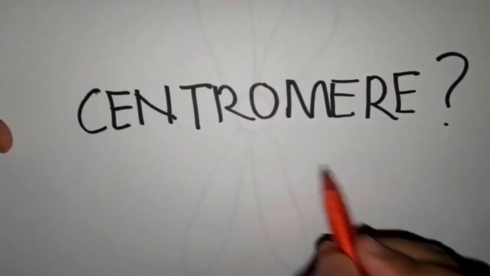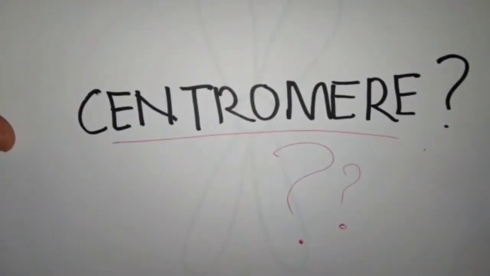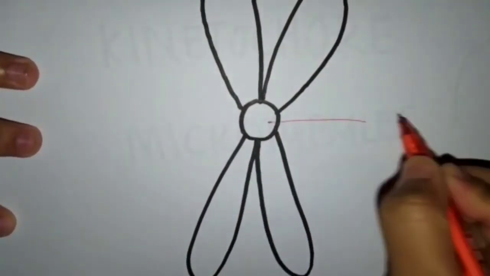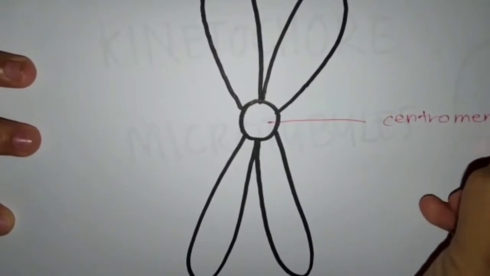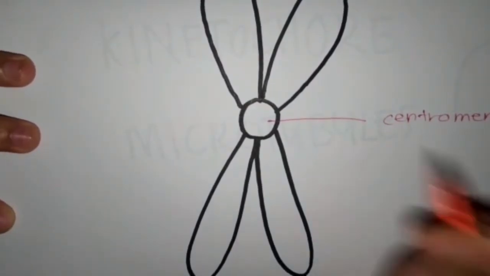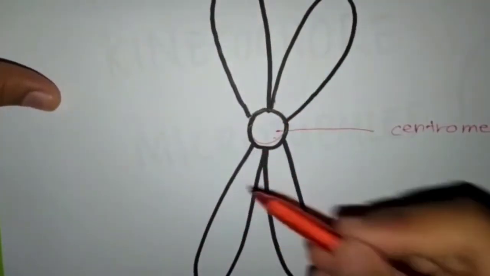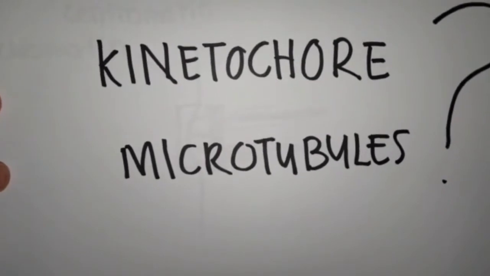The next one is centromere. What is centromere? The centromere is the specialized DNA sequence of a chromosome that links a pair of sister chromatids. During mitosis, spindle fibers are attached to the centromere via the kinetochore. The next term is kinetochore microtubules.